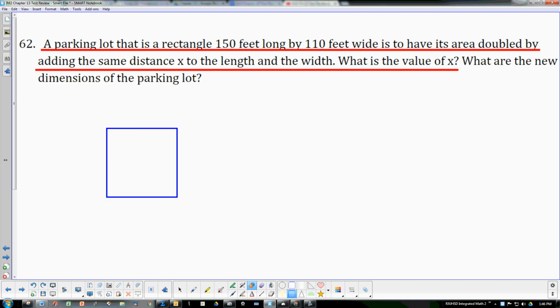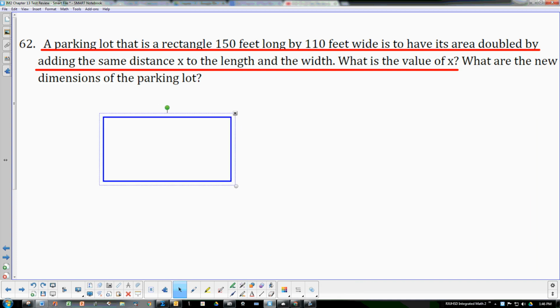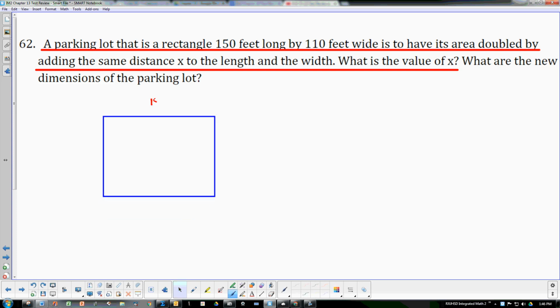So here is our rectangle. Maybe about right there. It says we have 150 feet by 110 feet. And it says the area is going to be doubled. Well, I wonder what that area is there.